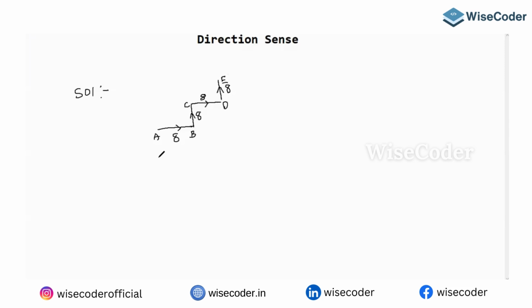So the vertical distance traveled is going to be what, guys? The vertical distance is BC plus DE.